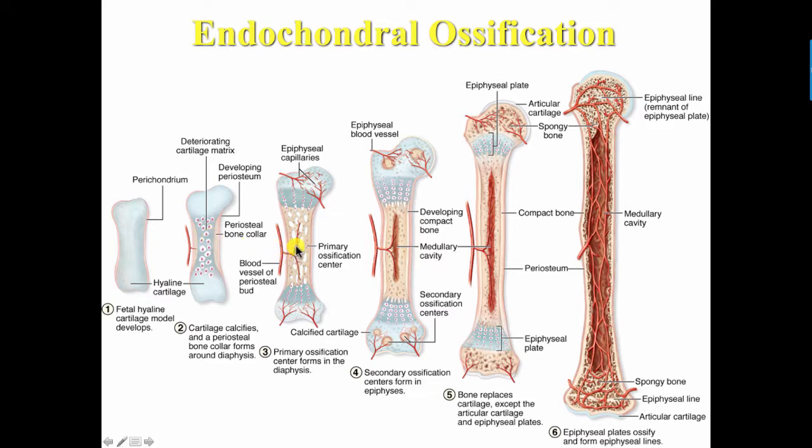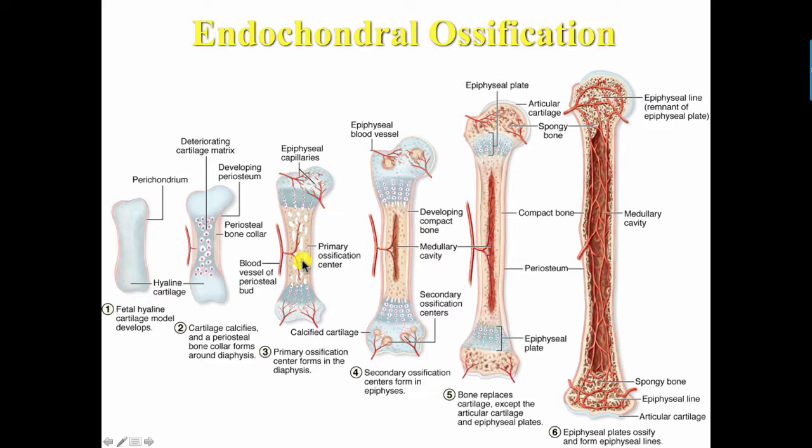Small blood vessels now penetrate the bone collar through holes bored by osteoclasts and invade the area of calcified cartilage within the shaft. Osteoprogenitor cells, which are carried in with the blood, differentiate into osteoblasts and start to lay down bone on these spicules of calcified cartilage.